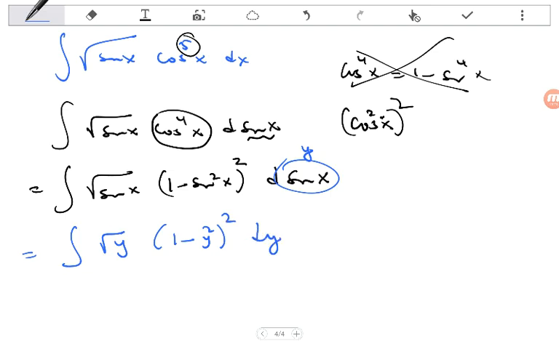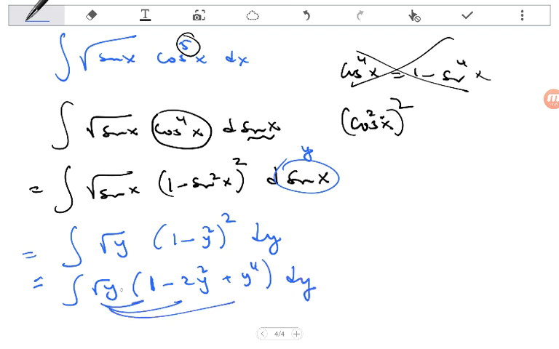So this is the new integral. This is manageable. I just expand this: 1 minus 2y squared plus y power 4 dy. Then I multiply these, then I apply the power rule.